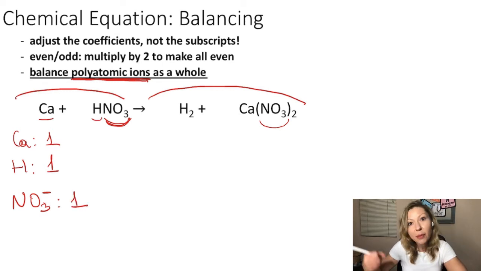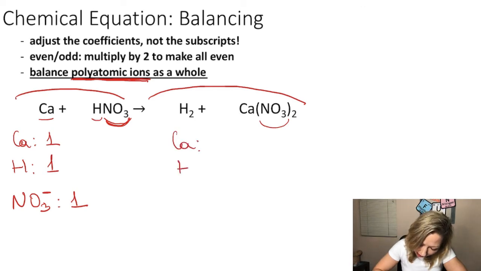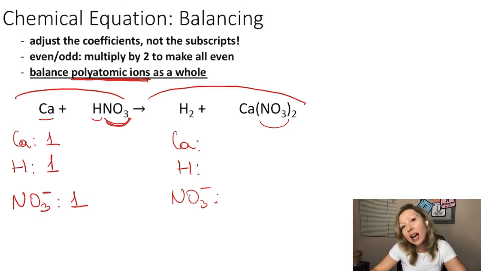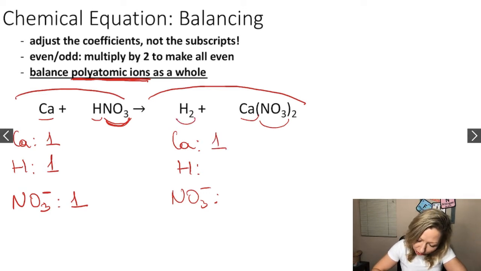What happens on my product side? So calcium, hydrogen, nitrate ions. How many calcium atoms do I have? 1, right? How many hydrogen atoms do I have? 2. How many nitrate ions do I have? 2 again because I have this 2 down there. So that is 2.